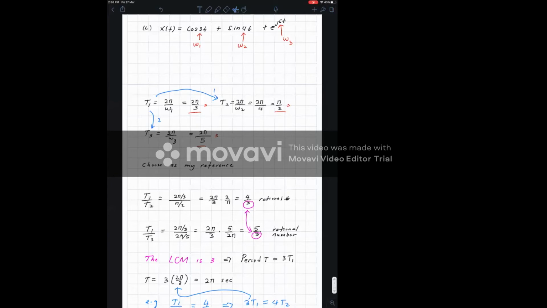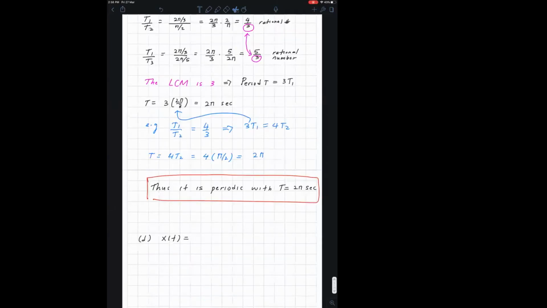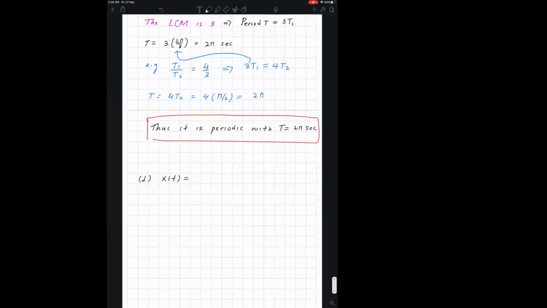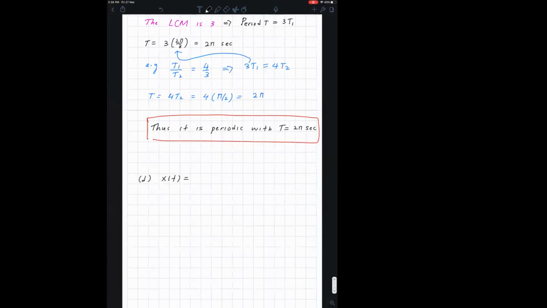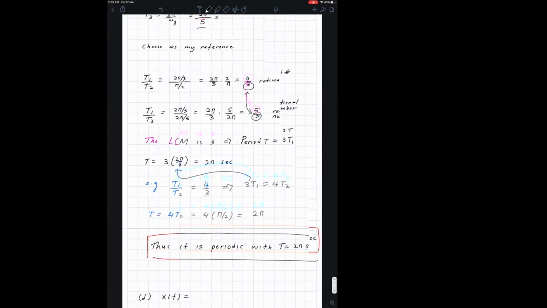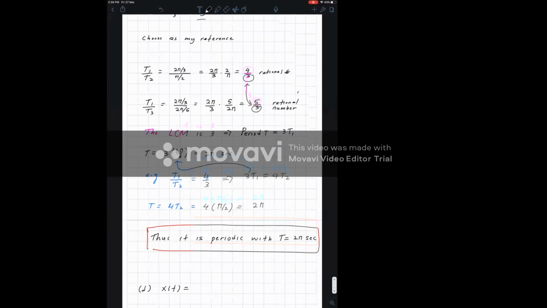So let me proceed with the next one. Part D is also kind of the same kind of problem. Here we have 4 cosine 4t plus 3 e to the minus j 12t plus sine 4t.